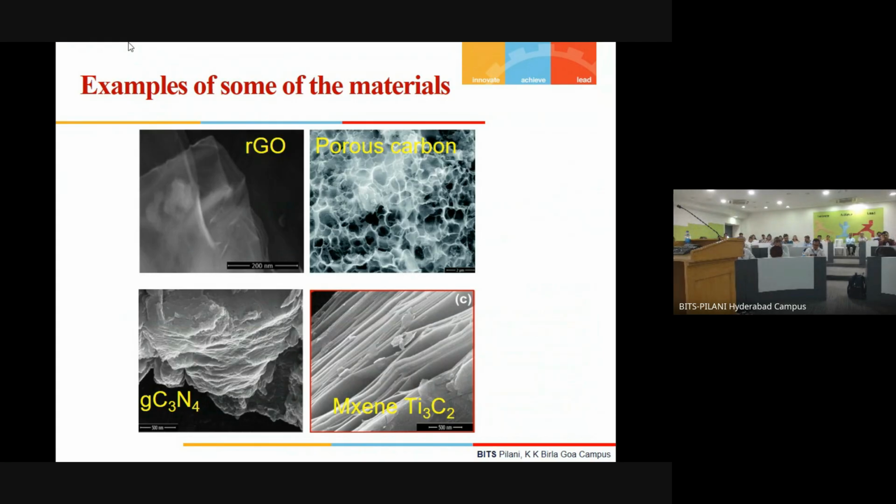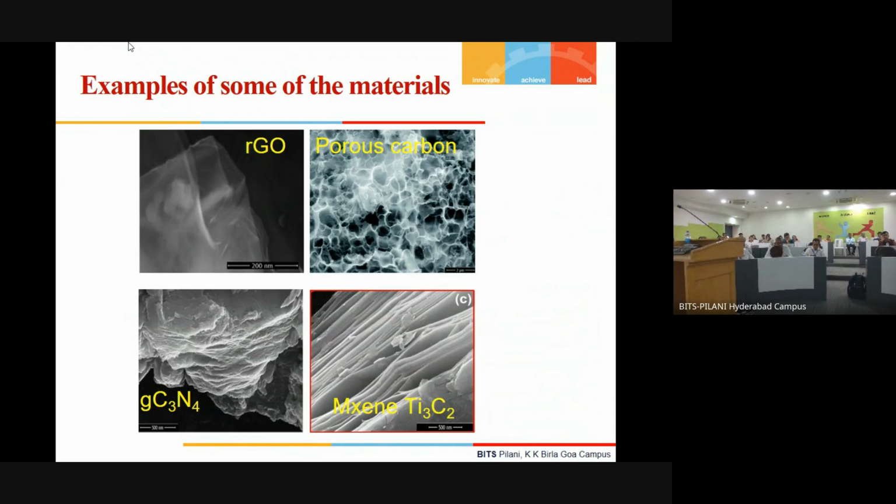It has a semiconducting property, whereas graphene is a zero band gap material. Exploiting this, we are trying to see how we can use this material as a photocatalytic support, and how its optoelectronic properties can be used to make the catalyst.